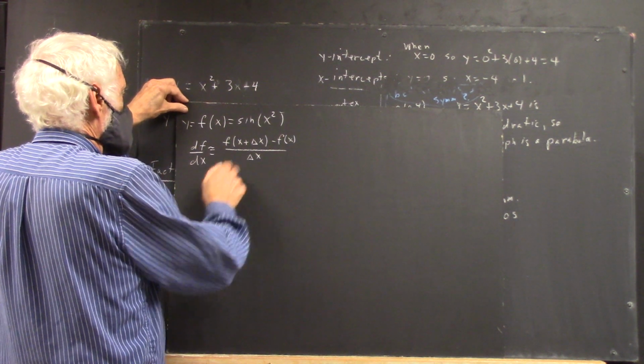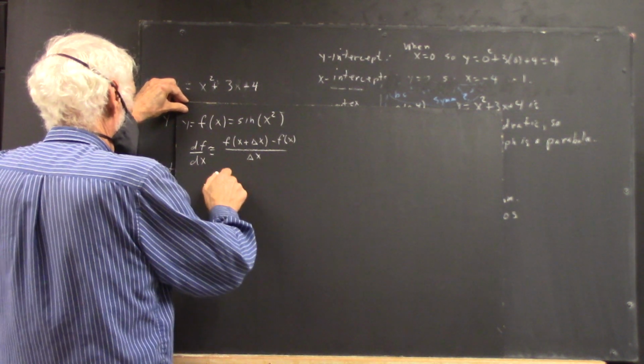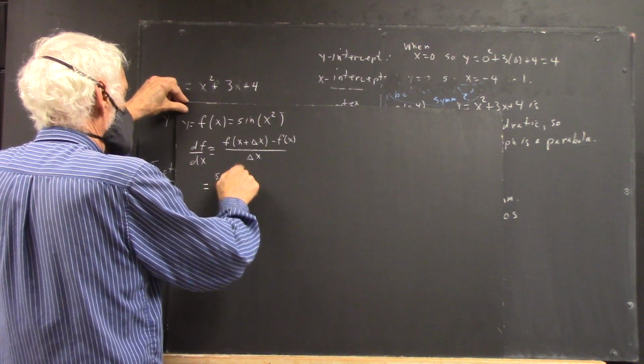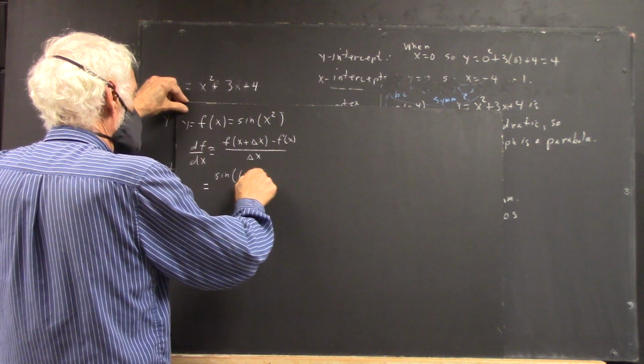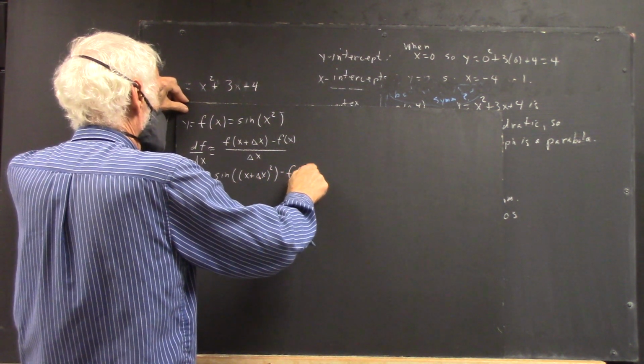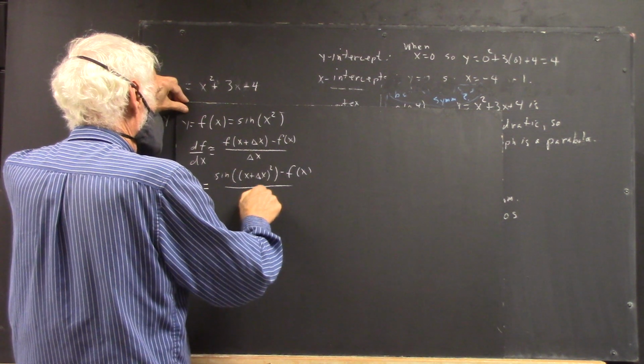If we write out the expression for the sine of x squared, then f of x plus delta x is the sine of the quantity x plus delta x squared, minus f of x, over delta x.